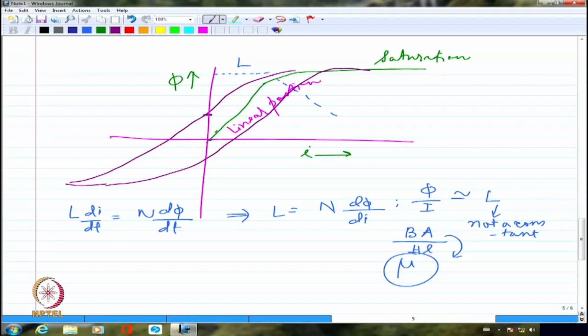Hysteresis means lagging behind. So the variation in the flux lags behind compared to the variation in the current. So this is essentially happening cycle after cycle when I am having a sinusoidal excitation or any kind of AC excitation that is given to the coil which is wound around an iron core.